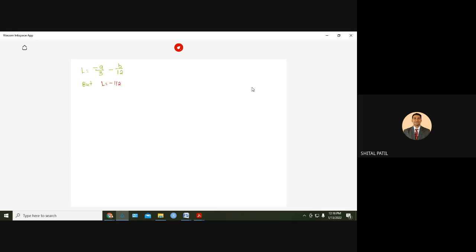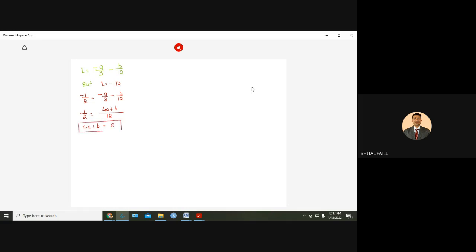Let me substitute L. So minus half equal to minus a by 3 minus b by 12. Simplify this. Minus signs will cancel. Then 1 upon 2 equal to, use your own method, 4a plus b over 12. So 4a plus b is equal to 6.